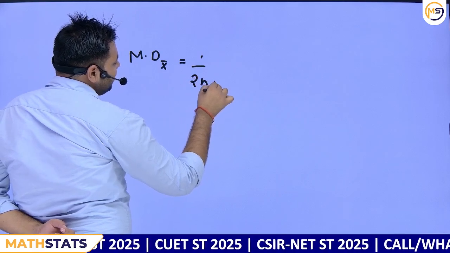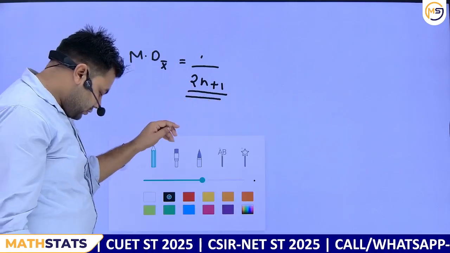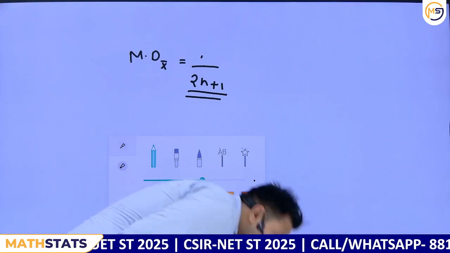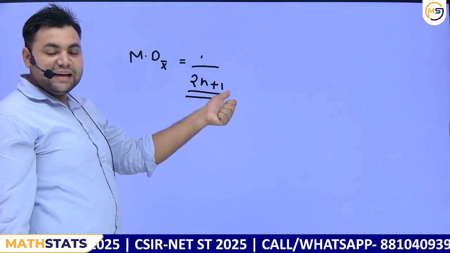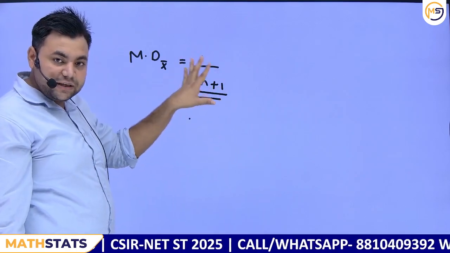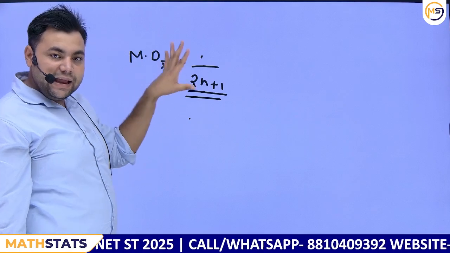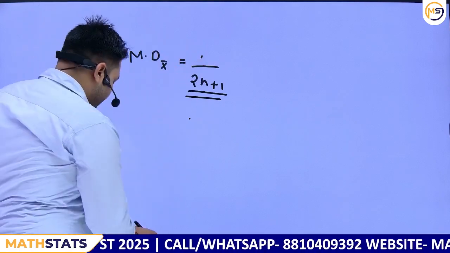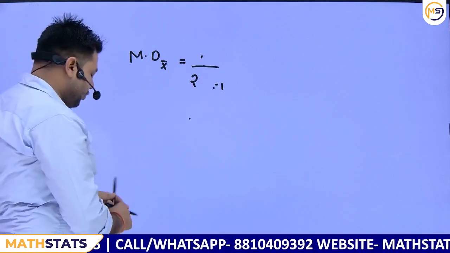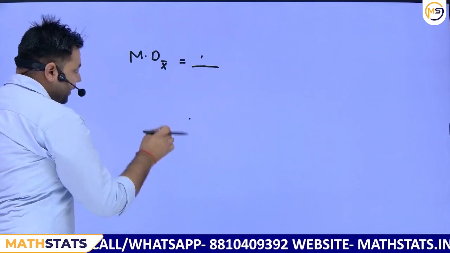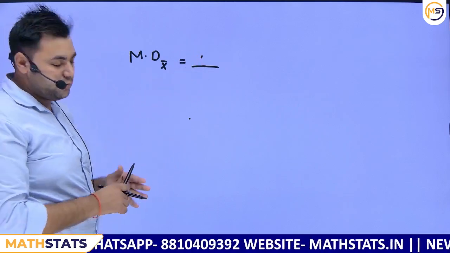Why is this 2n plus 1? Because here there are 2n plus 1 terms. यहाँ 2n+1 लिखने का रीजन ये था बिकॉज यहाँ पर 2n+1 टर्म है, इसलिए मैंने यहाँ 2n+1 लिखा। अगर यहाँ n टर्म होते तो मैं n ही लिखता। Okay, so don't confuse, actually the formula is mean deviation about mean 1 by n, where n is the number of terms, but here the number of terms is 2n+1.